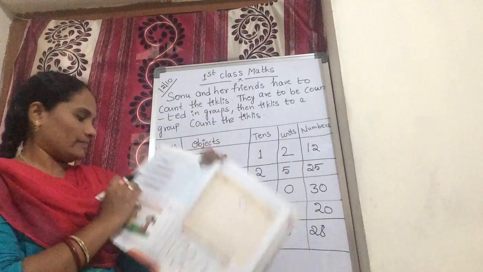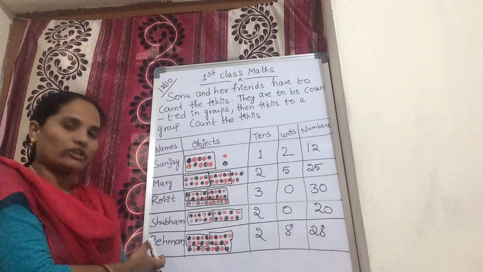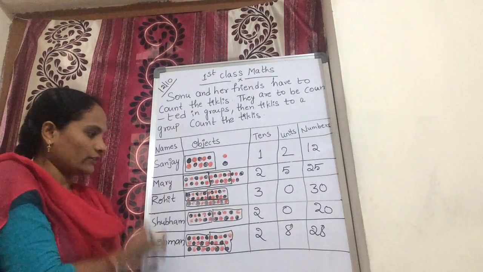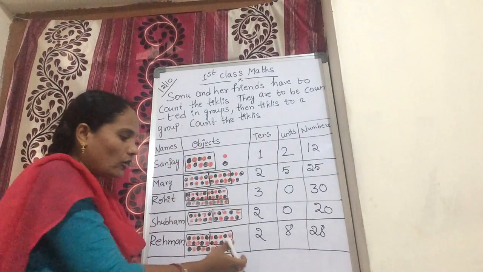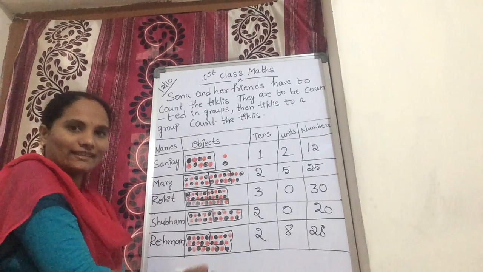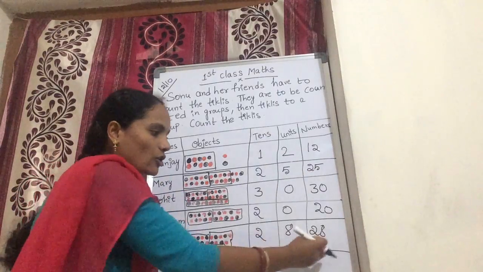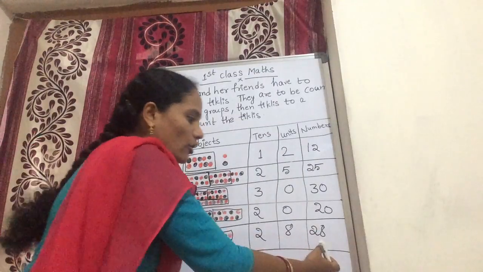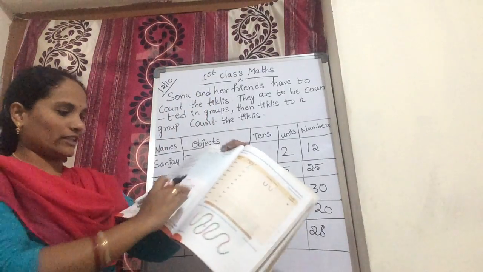For example, here write down Rahman. After that you take this one. Gautami takes 24 ticklies. Second, you draw objects and divide into tens and units. Then you should write in tens and units. Then write how many numbers. Okay, children, this is about your activity.